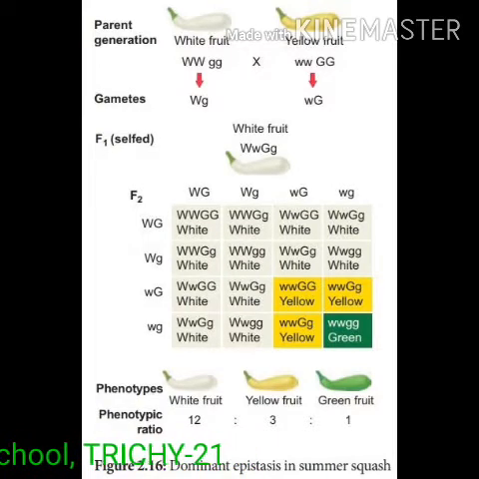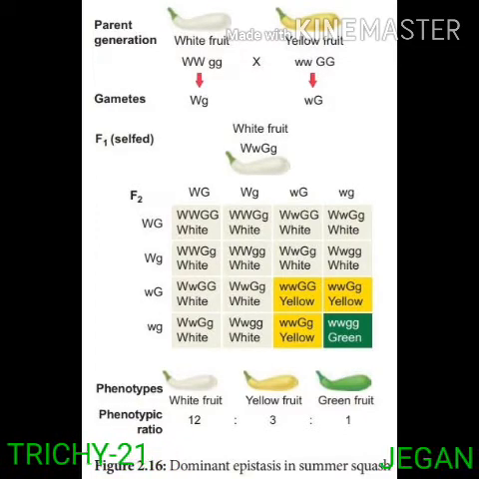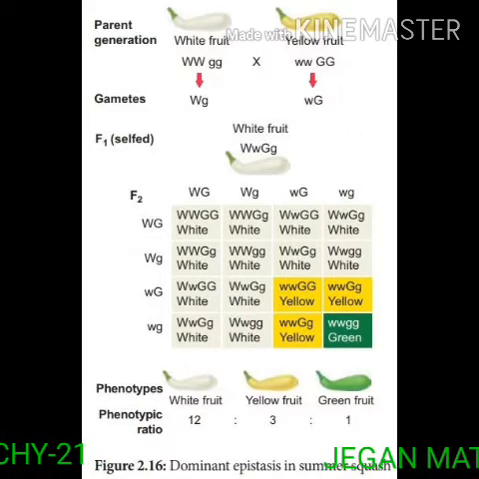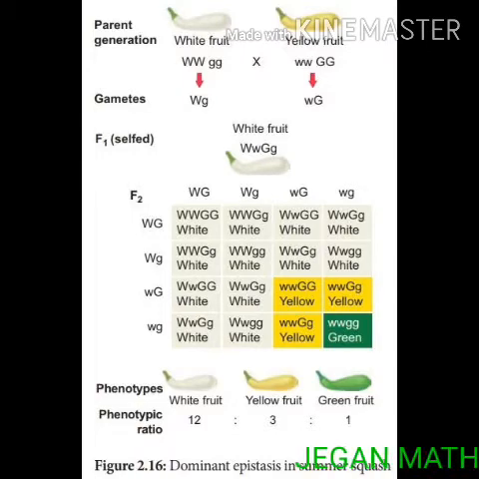When F1 heterozygous plants are crossed, they give rise to F2 with the phenotypic ratio of 12 white, 3 yellow and 1 green. Since capital W is epistatic to the alleles capital G and small g, the dominant white masks the effect of yellow or green.